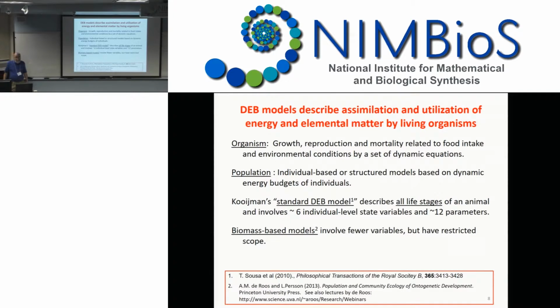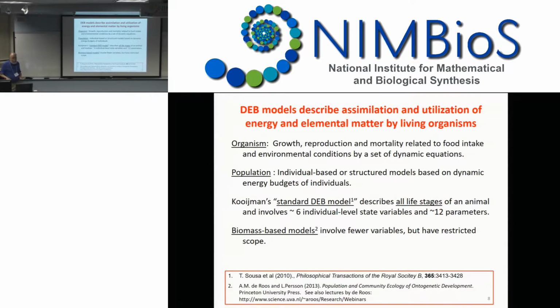Actually, I've given an excessively narrow definition there. That's how it applies to an animal. The theory actually has much broader applicability. There's a lot of work on microorganisms, a not so large but still significant amount of work on plants and so on, for which that definition obviously needs a slight modification.